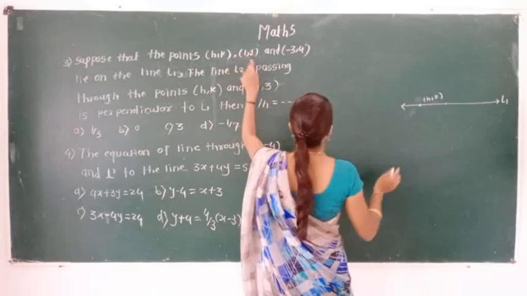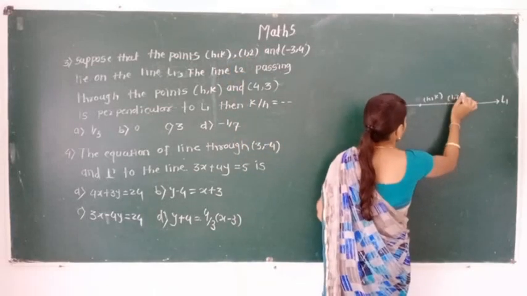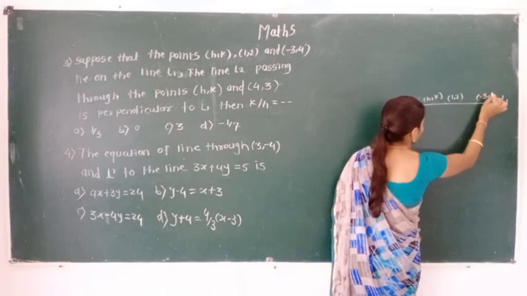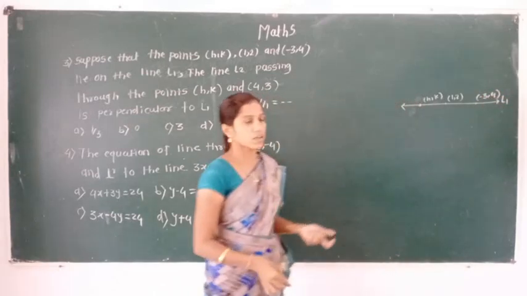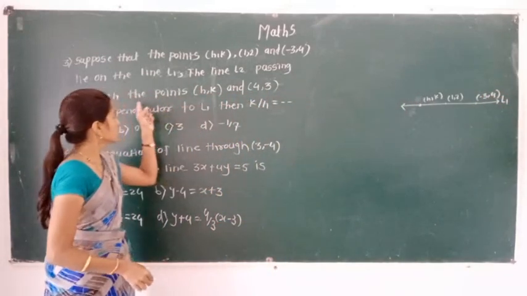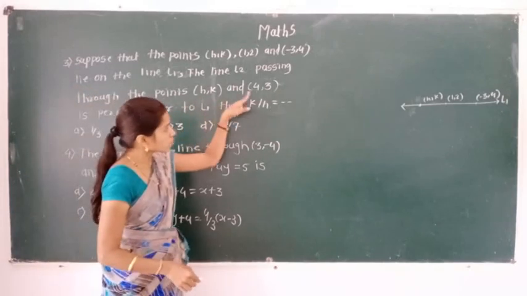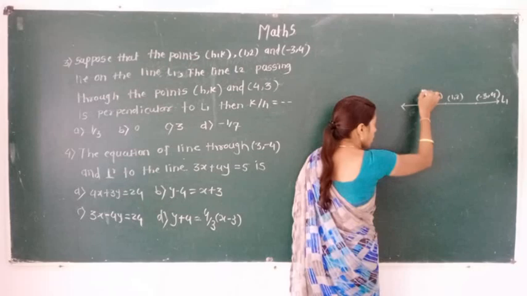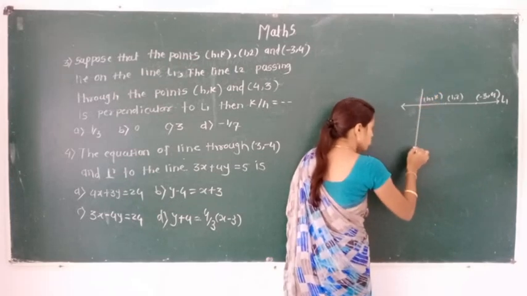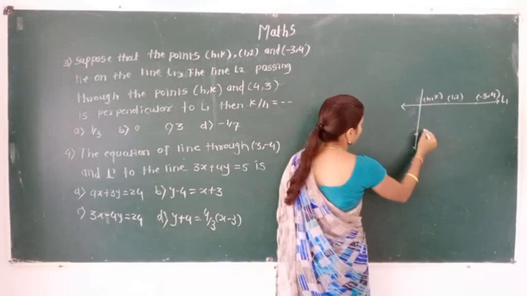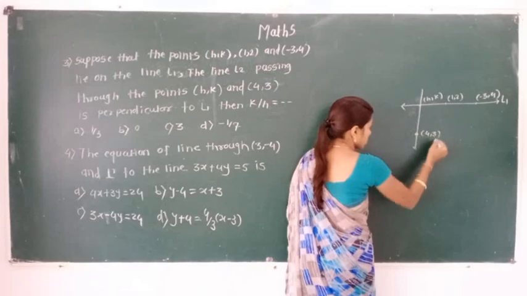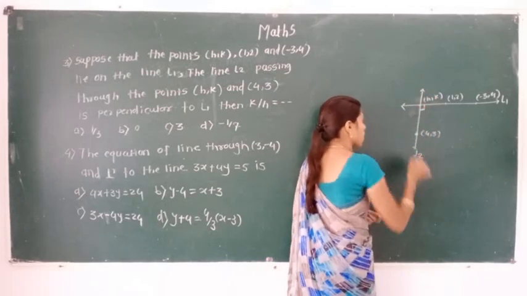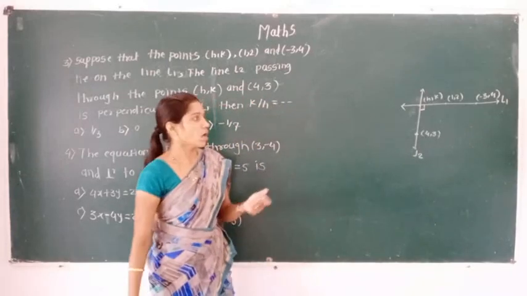Second one is (1, 2), and third is (minus 3, 4), and another line is L2. It passes through (h, k) and (4, 3). Means another line is also passing through (h, k) and passing through the point (4, 3). This is the line L2, and these two lines are perpendicular, as given.